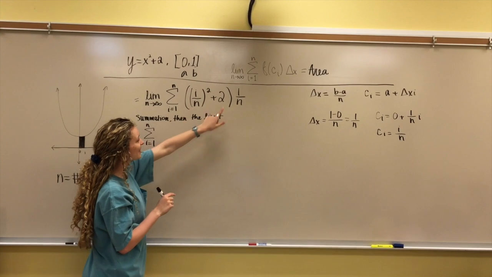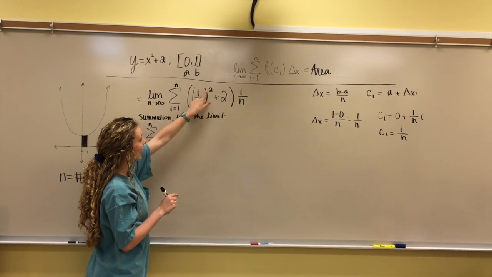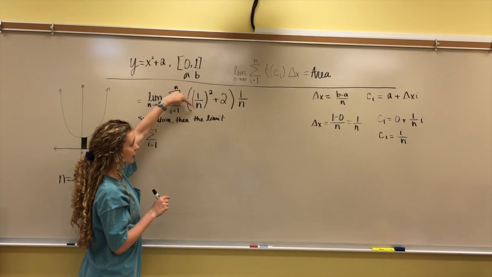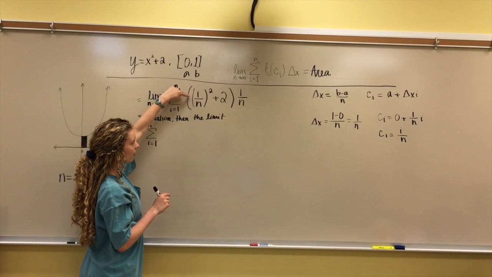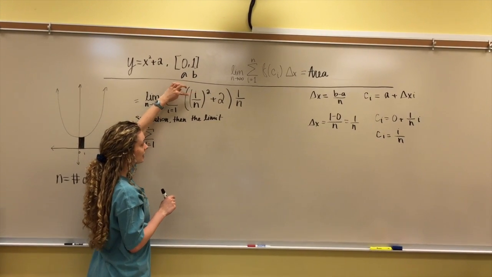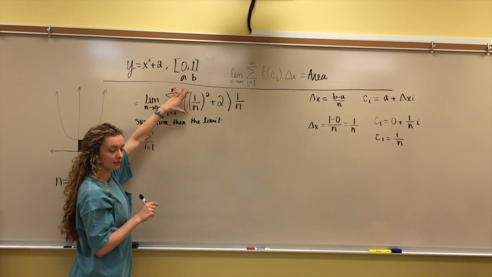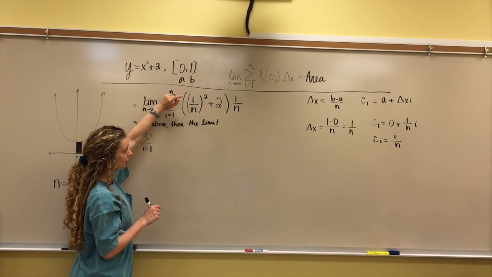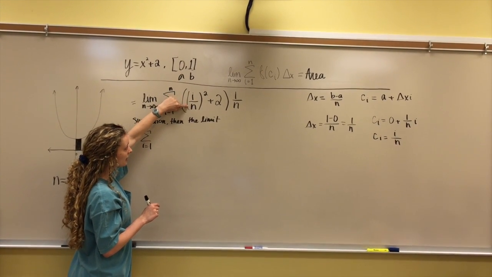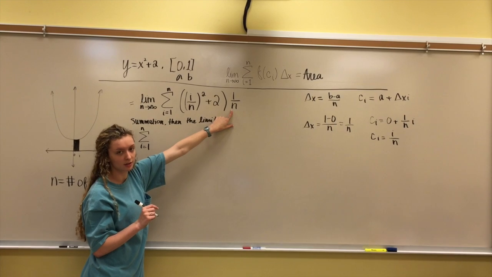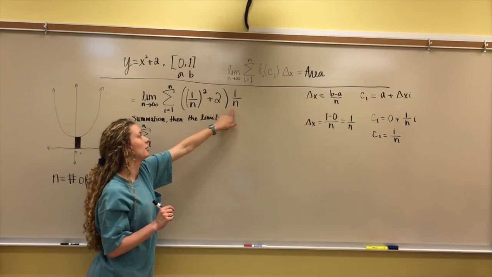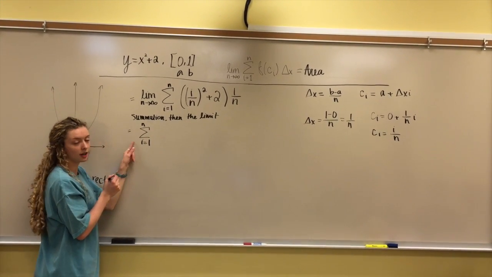Our next step, we're going to multiply 1 over n into both terms of this. And so it'll be i squared over n squared. Instead of leaving it as a fraction, we're going to pull the n squared times the n over here, so it'll be n cubed, all the way in front of the summation.